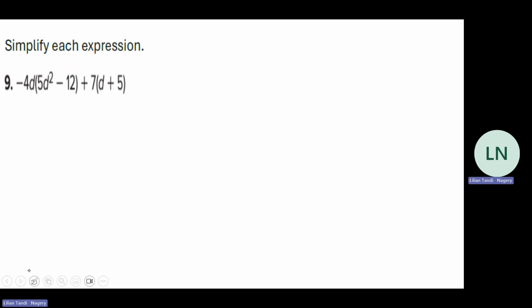Okay, we do the same thing. Negative 4D goes to 5D squared, goes to negative 12. Positive 7 goes to D and goes to positive 5. Negative 4D times 5D squared.